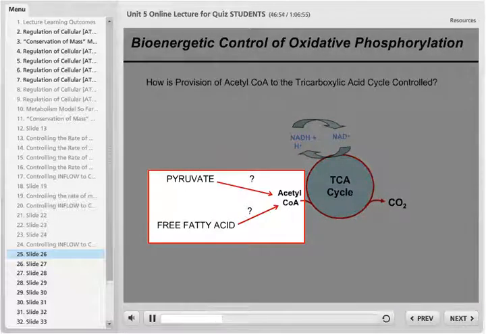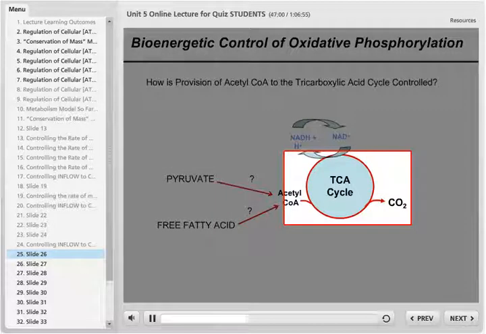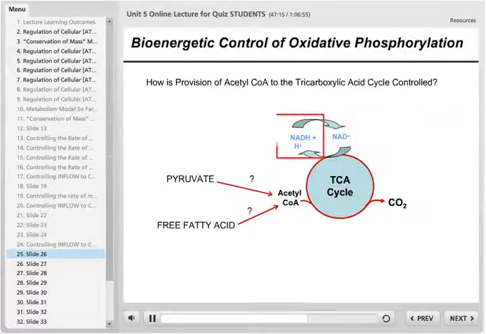And acetyl-CoA is the substrate for the tricarboxylic acid cycle. And the tricarboxylic acid cycle, while it does produce a little bit of ATP, its primary purpose is to create electron donors.